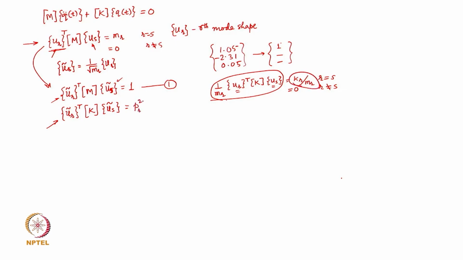It represents the rth squared natural frequency, p_R. So, p_R squared is K_R over M_R, okay, and p_R squared is now the rth mode natural frequency, and that is how you get these equations. Okay.